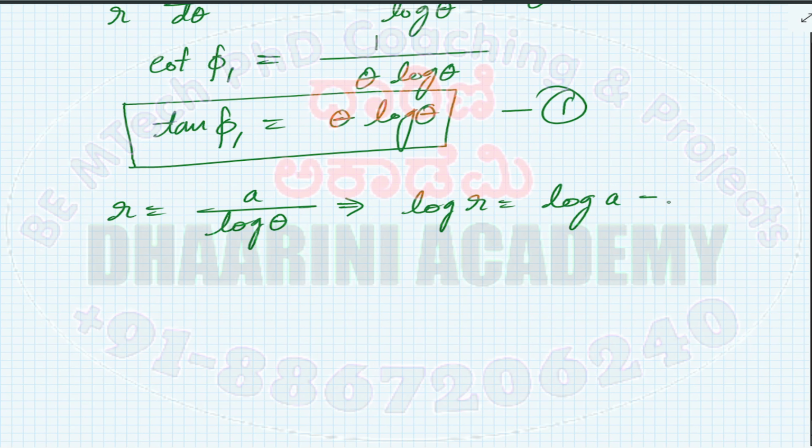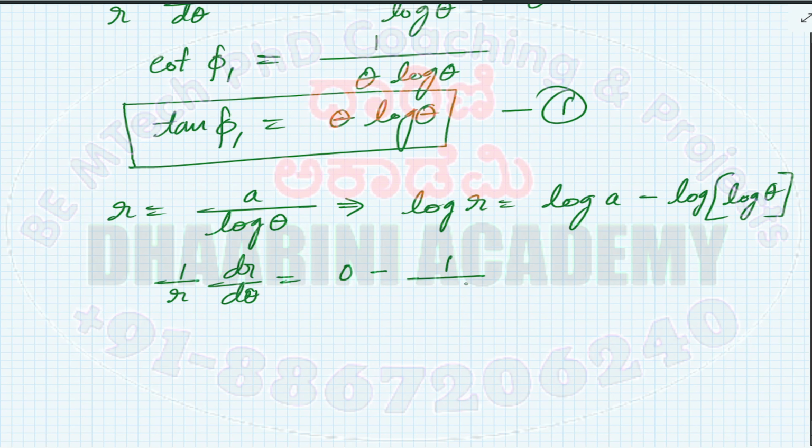Denominator's log is negative, so this is minus log of log theta. Okay, differentiation is going to get me here, that is 1 by r dr by d theta is equal to, we have log a differentiation is 0, minus log of that, so this is 1 divided by log theta into 1 by theta.